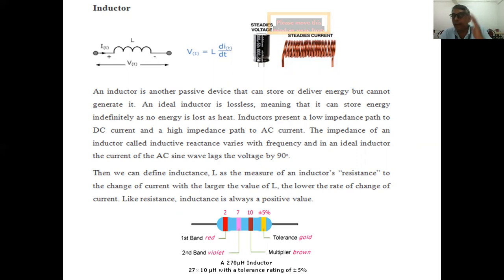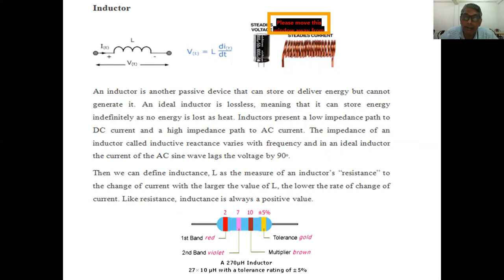Here also we follow the same formula, B.B. Roy of Great Britain. But since inductor values are available in very small values like millihenry and microhenry, small values of inductors are available in the market.